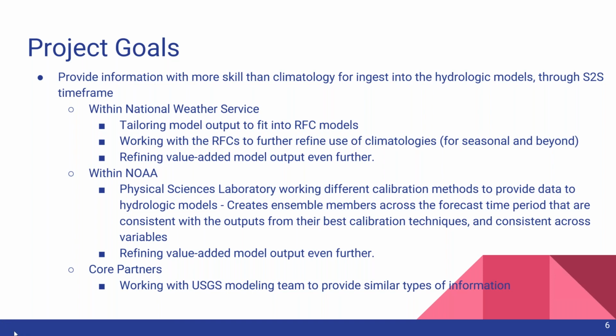Sometimes if you work with just precipitation data or just temperature data, you can do calibrations and downscaling on them, and then they become inconsistent with each other. But ensemble copula coupling is a way to make sure that they're consistent with each other, and as well as consistent from time period, from the start of your forecast to the end of your forecast.